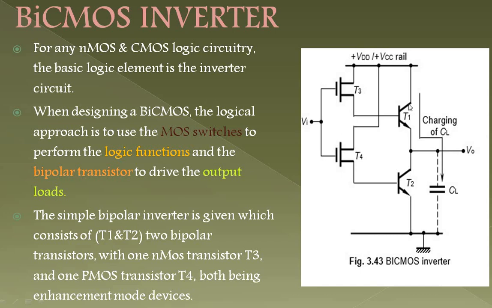Clear? T1 and T2 are bipolar transistors, T3 is your NMOS transistor and T4 is your PMOS transistor. Let's see the working operation of this one, and keep in mind that both MOS transistors are enhancement mode devices.